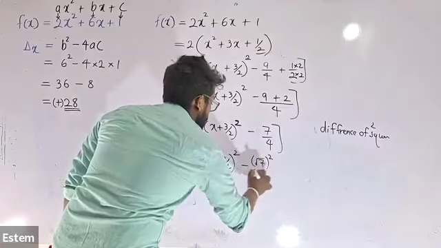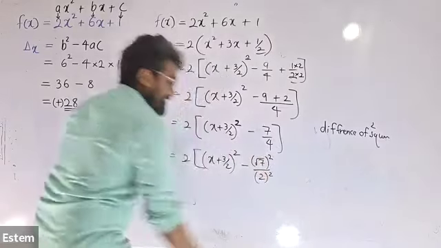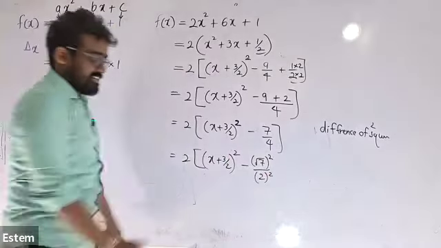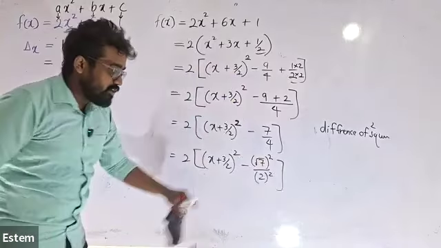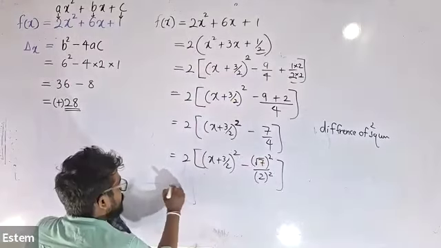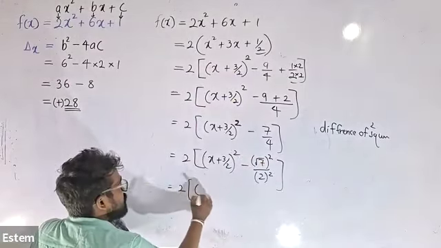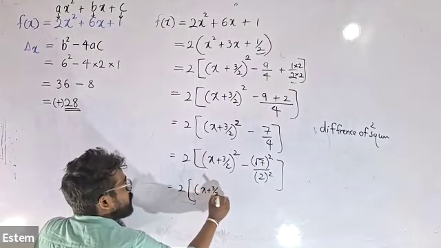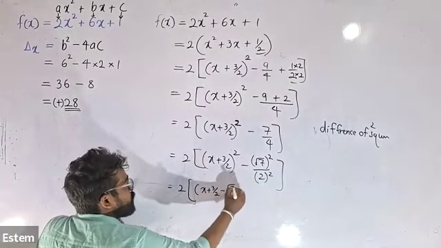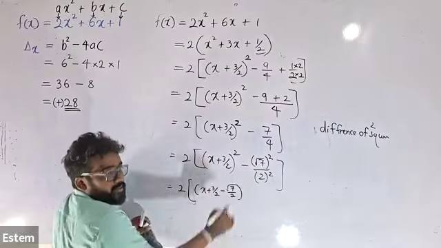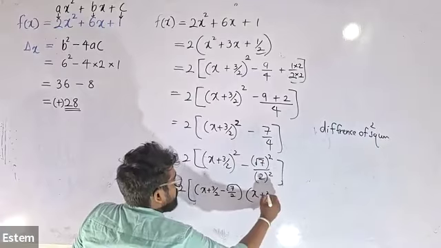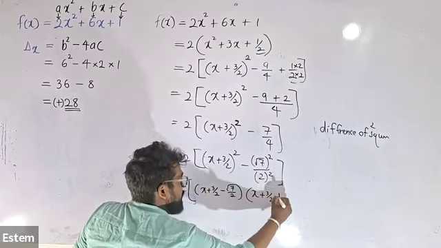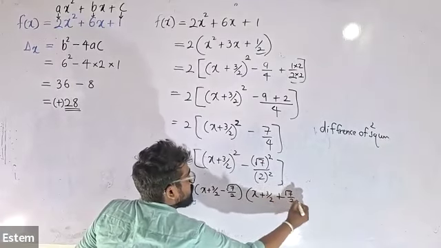Now this is a difference of two squares. See, I can write this, and I can factorize this. How do I factorize this? 2 times x plus 3 over 2 minus root 7 over 2, times x plus 3 over 2 plus root 7 over 2.